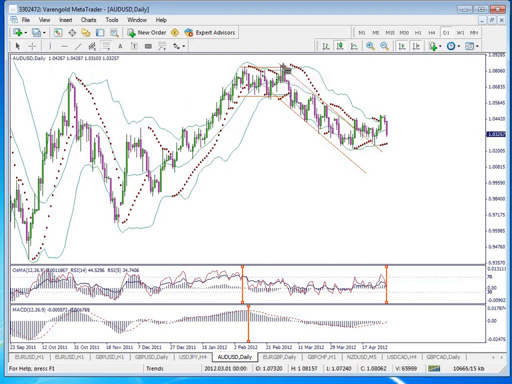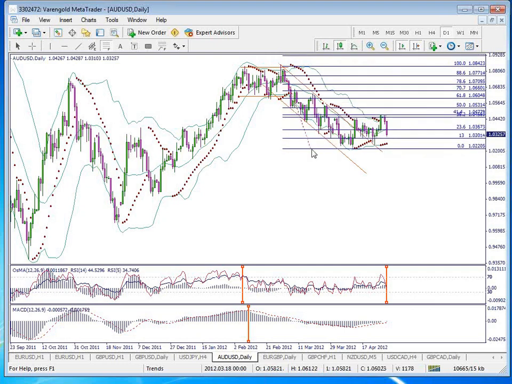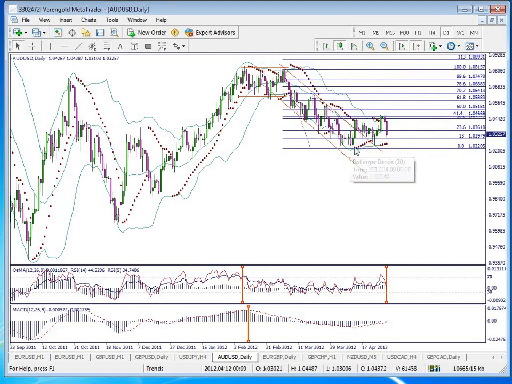If we measure this with Fibonacci, we can see that the first impulse stopped, made one reverse, and stopped at that area at 41.4 and started that reverse.